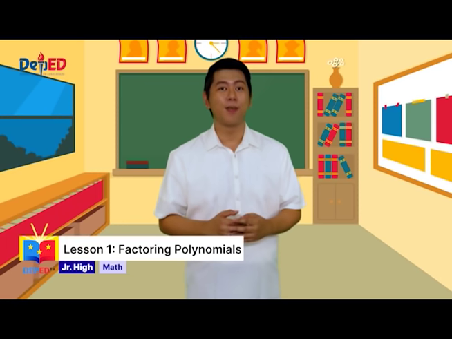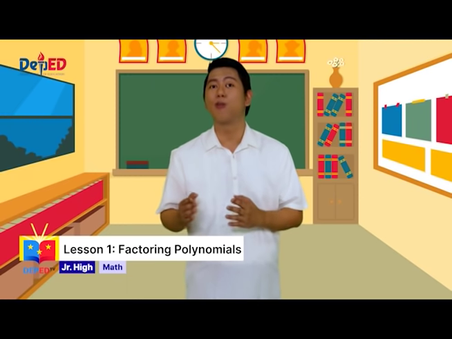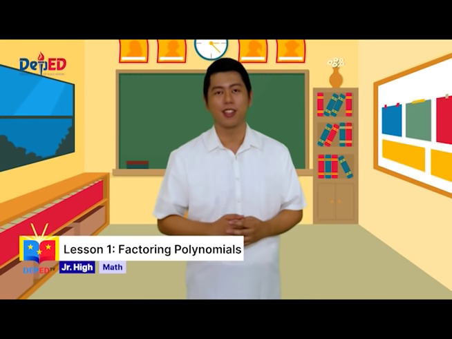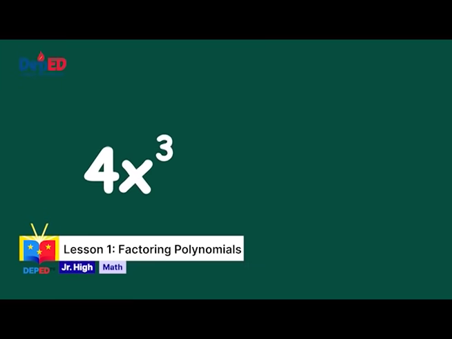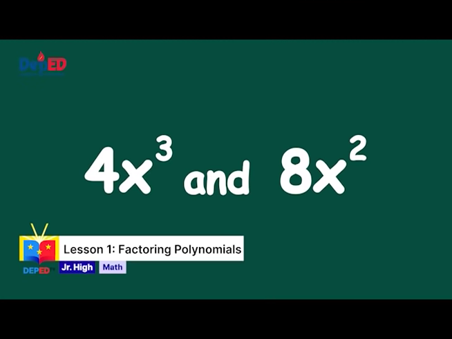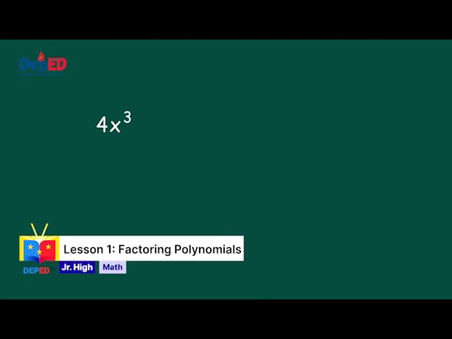Now, we will determine the greatest common factor of algebraic expressions with numerical and literal coefficients. Find the greatest common factor of 4x cubed and 8x squared. 4x cubed can be expressed as a product of 2 times 2 times x times x times x.